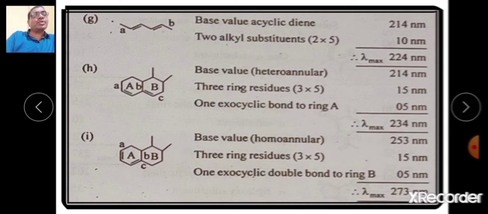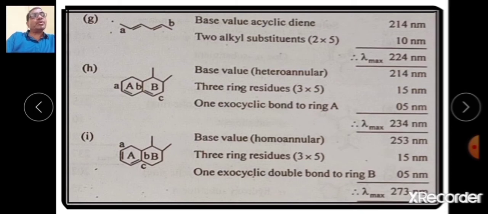Base value for homoannular diene system is 253 nanometer. 3 ring residues, 3 into 5, that is equal to 15, and 1 exocyclic double bond. Look, ring B, the double bond is exocyclic to the ring B, and therefore add 5, and hence the lambda max becomes 273 nanometer.